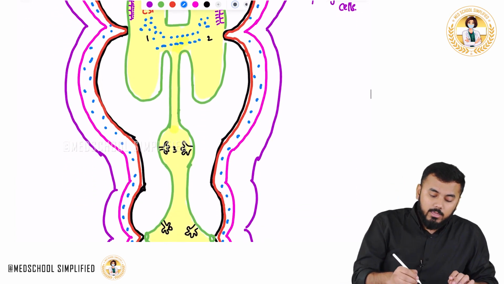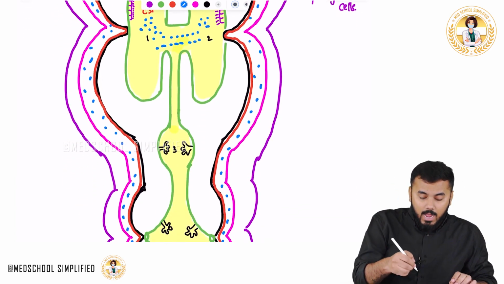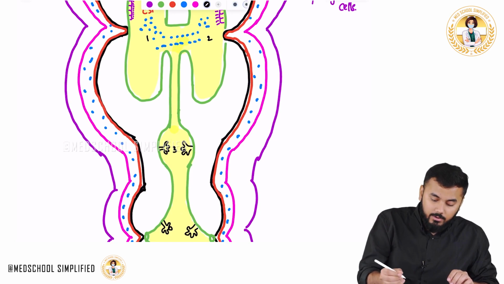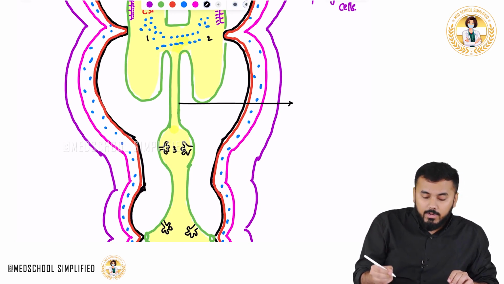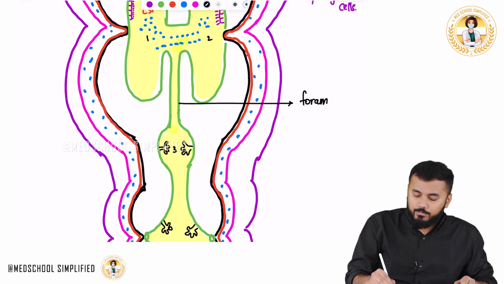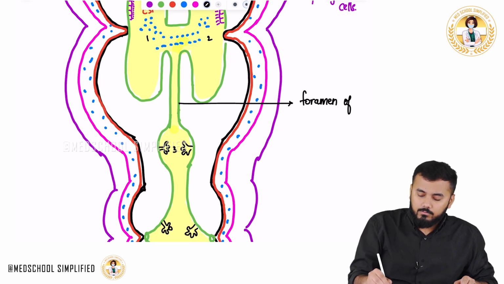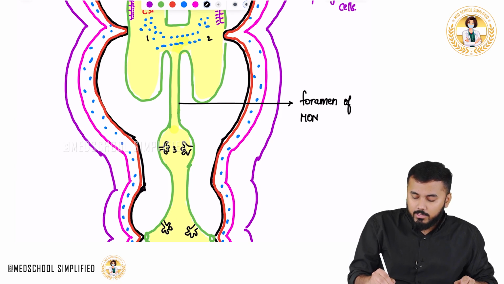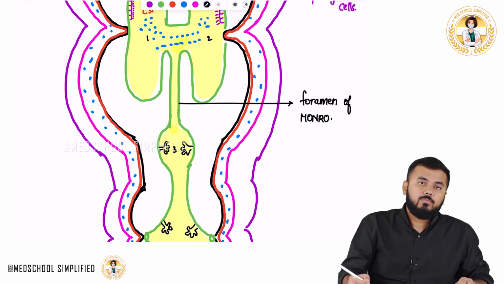And all of you look here, the first ventricle and second ventricle are connected to the third ventricle, right? It is connected to the third ventricle with the help of the foramen of Monro. So this structure is called the foramen of Monro.